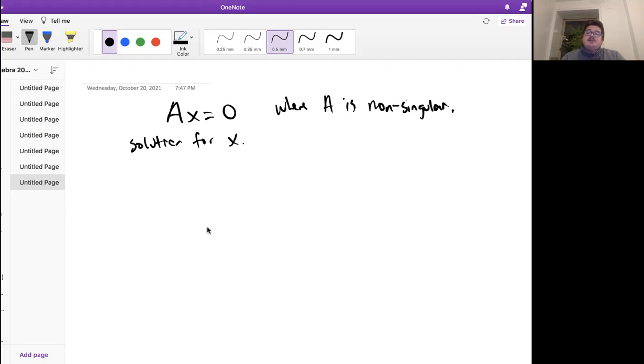So if A is non-singular, what does that mean? Let's say that first. Other way around, it has an inverse. How can you solve for X?